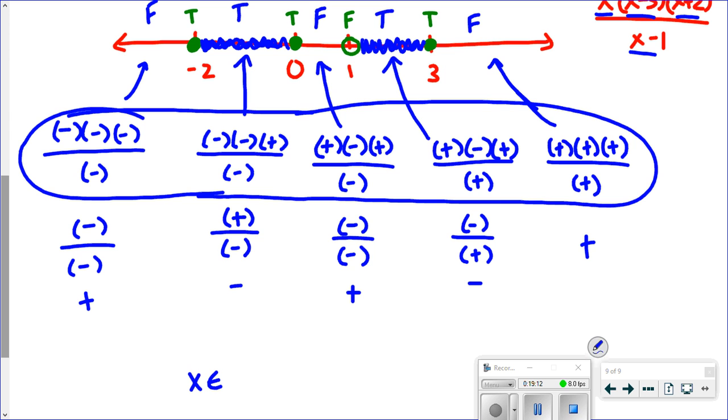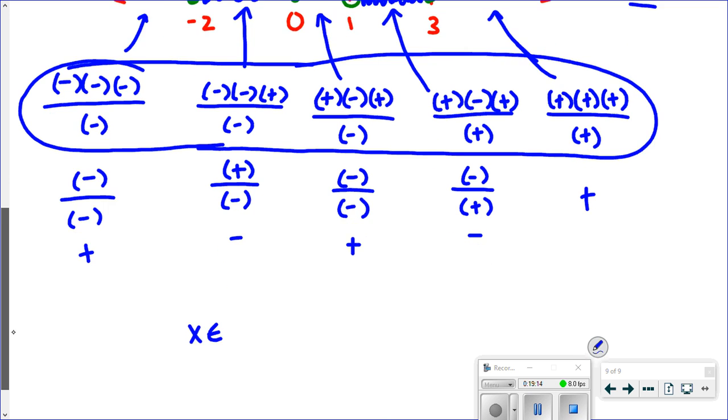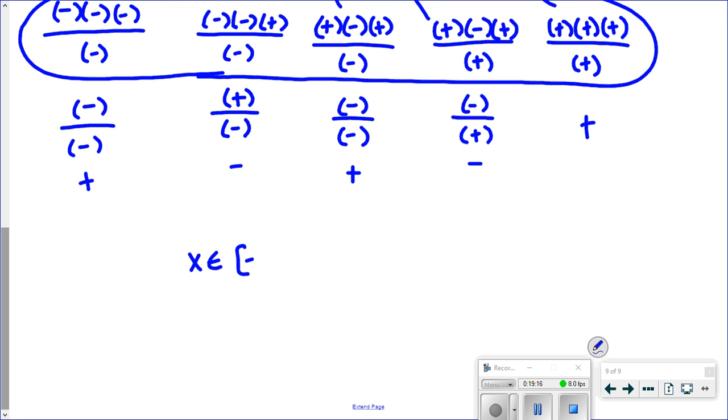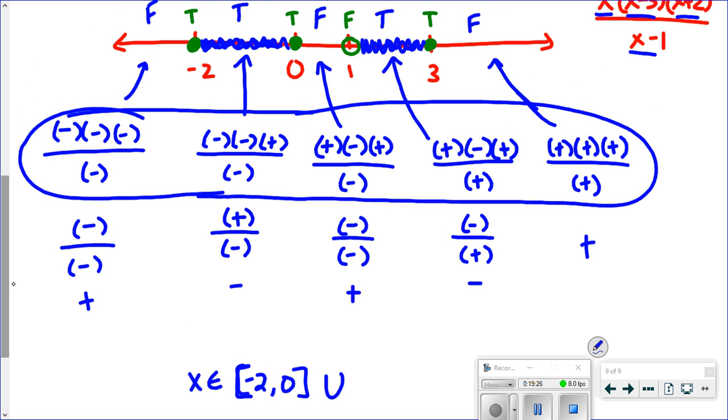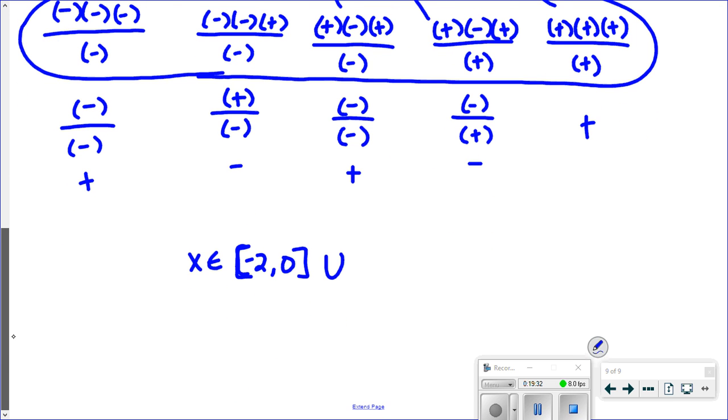Now, -2 and 0 both have closed circles. So in interval notation, that's a bracket. Okay, I have another place that's shaded, so union. And then I'm 1 to 3. Now 1 is an open circle, but 3 is closed. So I have parentheses at 1, bracket at 3.